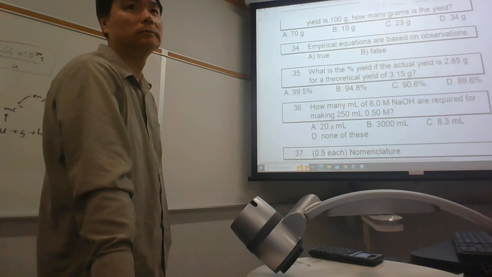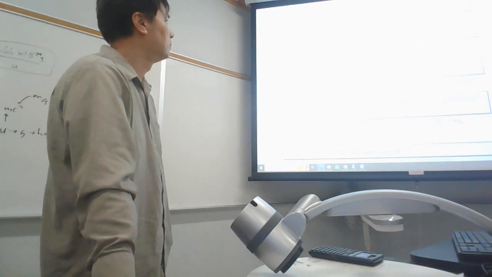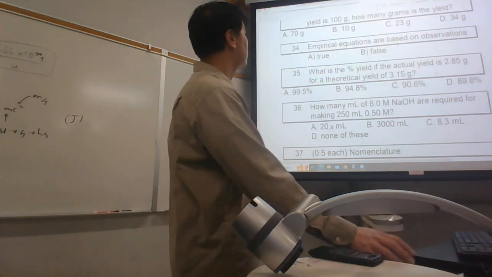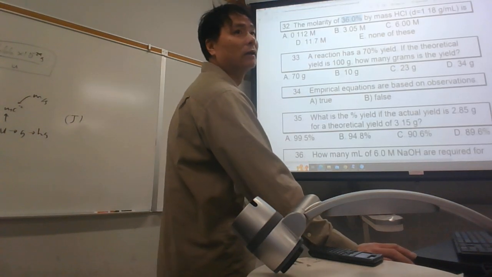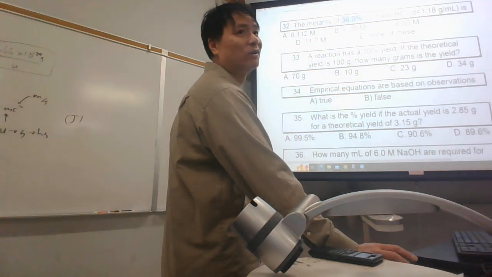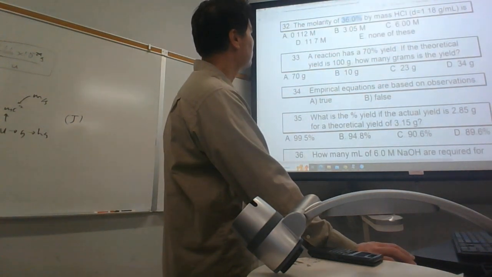Okay. Could you maybe just show how to do 33? I could, but 33 is not going to be on this test at all. Do you want me to go through it? Yes, please. A reaction has a 70% yield. If the theoretical yield is 100 grams, how many grams is the yield?